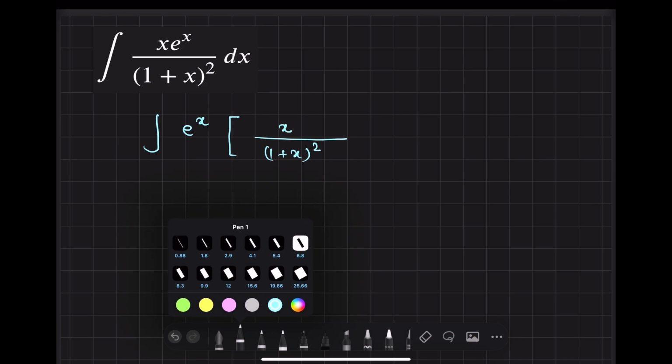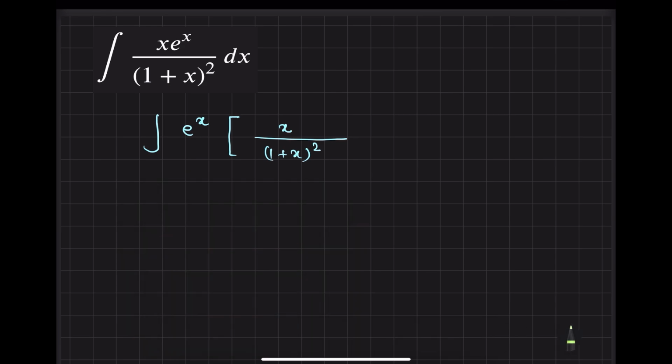Now look at my idea, how I will approach this question. I feel that the denominator is carrying 1 plus x whole square. Correct? So if we can manage to create the denominator as 1 plus x, 100% its differentiation dz by dx will become minus of 1 by (1 plus x) whole square.